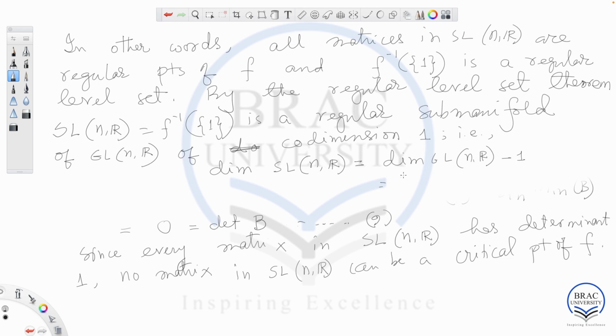And we know that the dimension of GL(n, R) is n squared, because this is an open set of R^(n squared). An open set of a manifold is a manifold of the same dimension, right? So GL(n, R) has dimension n squared, and SL(n, R) has dimension n squared minus 1.